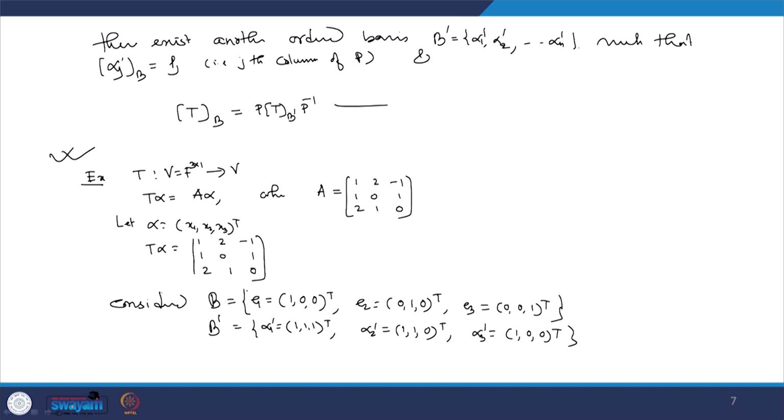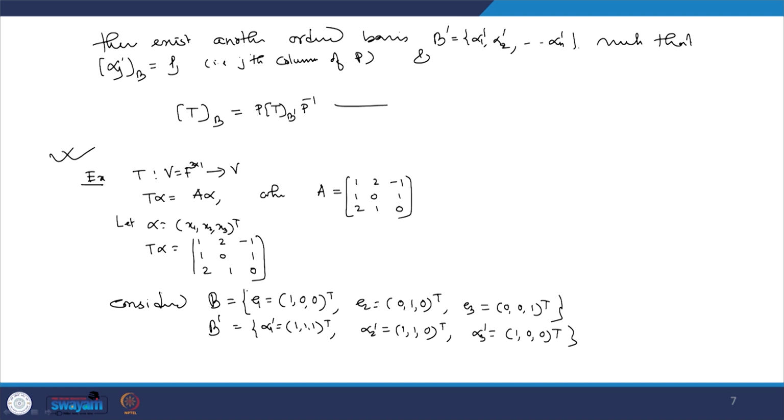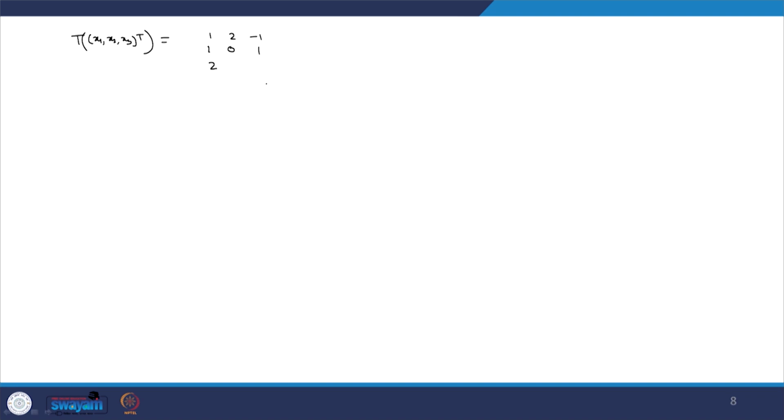Okay. It is given to us T of x 1, x 2, x 3 transpose is equal to the matrix 1 2 minus 1, 1 0 1, 2 1 0. So, this is the given matrix A times x 1, x 2, x 3.